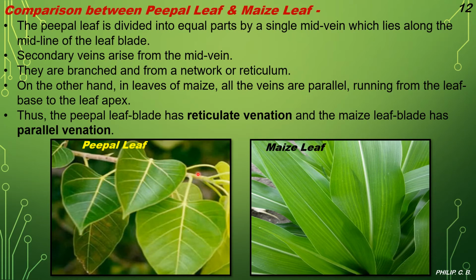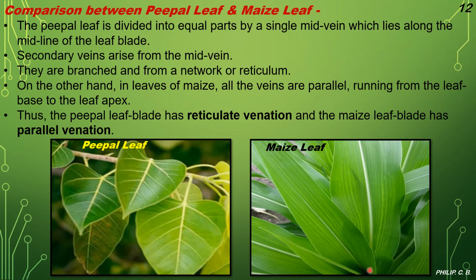Again, as I told, as you see a tree with the branches and sub-branches, or even in your finger, fingerprints are there which keep on extending, right? So it forms a network. On the other hand, in leaves of maize, all the veins are parallel, as you can see over here, running from the leaf base to the apex, meaning till the top.